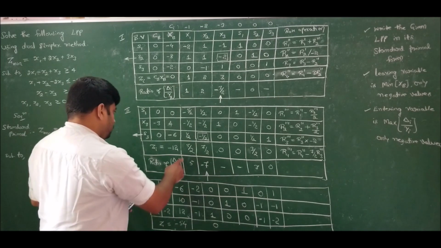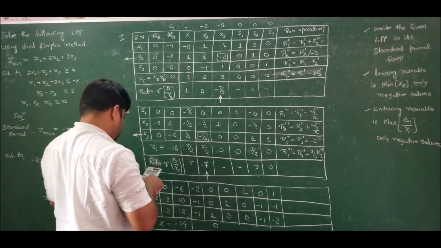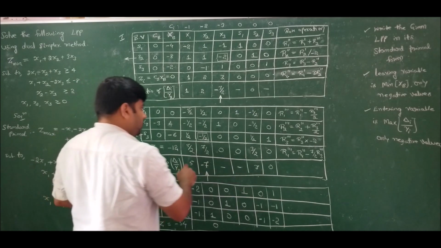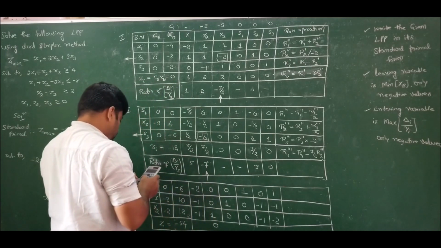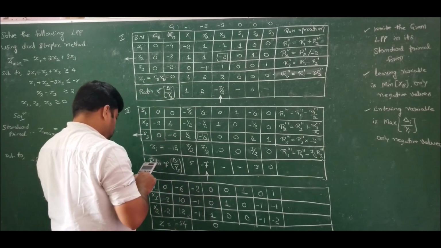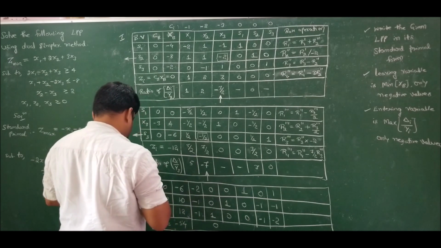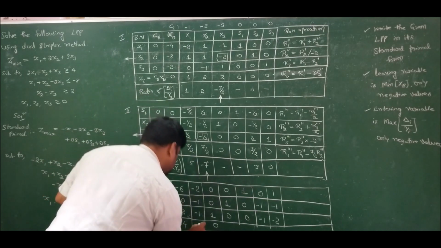Now here I have 5/2. 5/2 minus 7/2 into R3 is -1, which is +6.